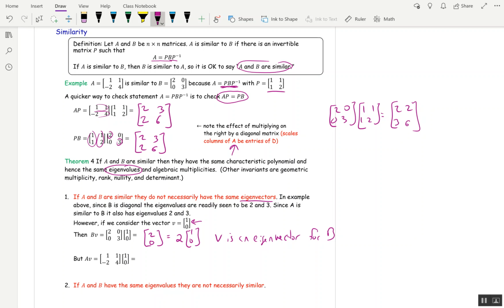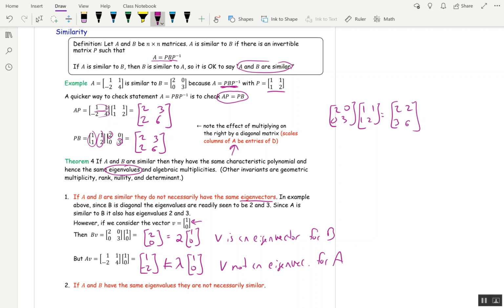All right, but let's check Av, and we get 1 and then negative 2, and that's not any multiple of 1, 0. So v is not an eigenvector for A. So A and B have the same eigenvalues, not the same eigenvectors.